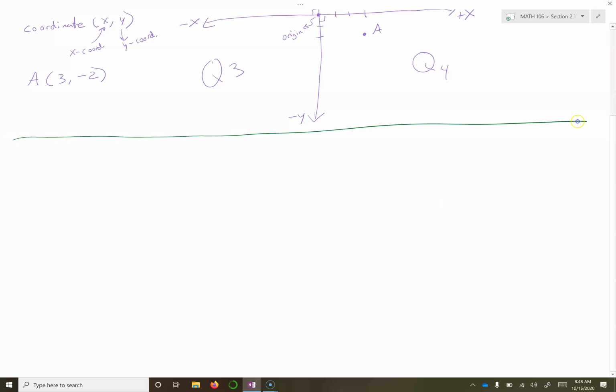So the first thing we're going to figure out, now that we know how to plot coordinates, is finding the distance between two coordinates. That's what we want to do.